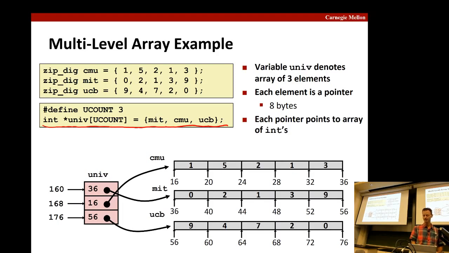So we had this zip digits for CMU and for MIT and Berkeley, and then when we created this university thing, we initialized it so that MIT was ahead of CMU. So that's clearly wrong. So we can fix that now. These should swap. Okay. But other than that, it's good C code.